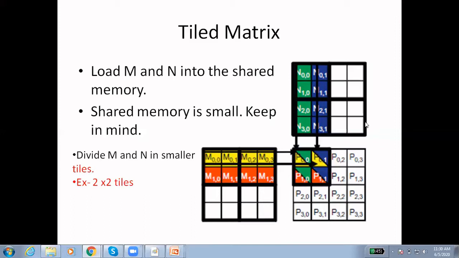So M and N, shared memory. We want to perform some operation, and we want to keep the data in shared memory. An important thing you should see a little carefully: this is the tile, a 2 cross 2 tile.